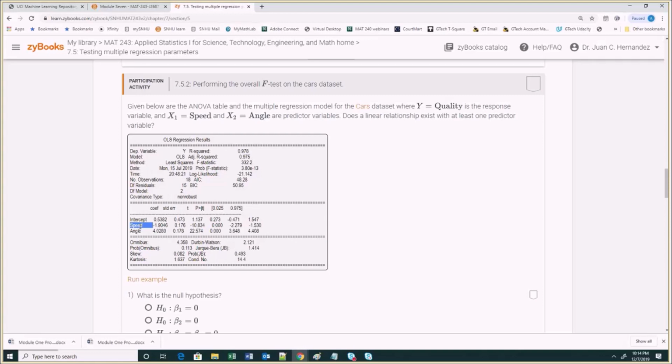So we should use it in the model. Similarly, the p-value here is 0, so we reject the null hypothesis that the beta estimate for angle is 0, meaning that angle should also be used in the model. So we now know that speed and angle both are significant in the multiple regression model, and we should use both.